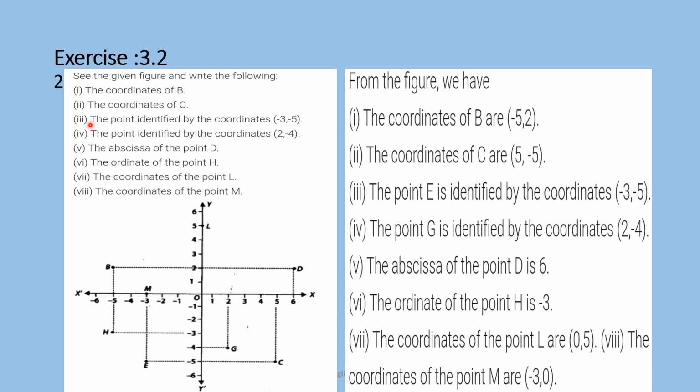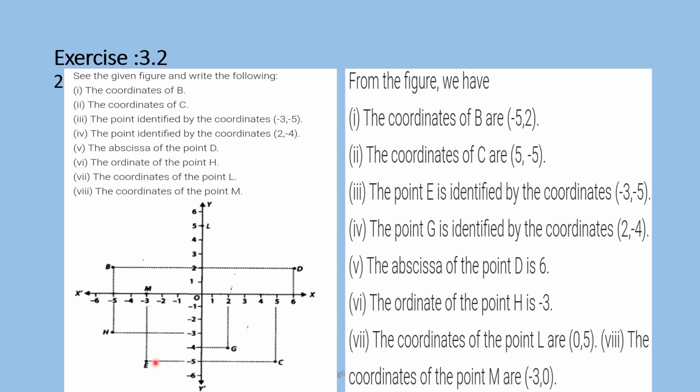Question number 3, the point identified by the coordinate -3, -5. That is, you have to look into the third quadrant because both the signs are minus. So find a point whose x coordinate is -3 and y coordinate is -5.